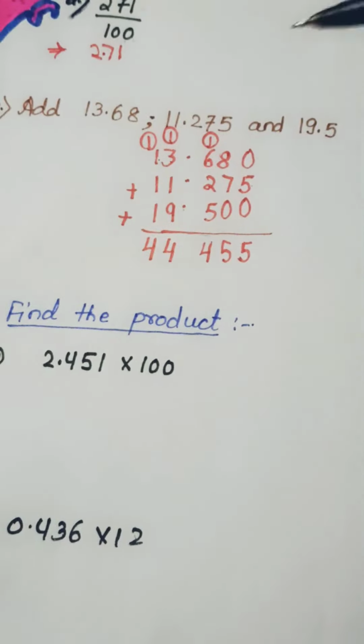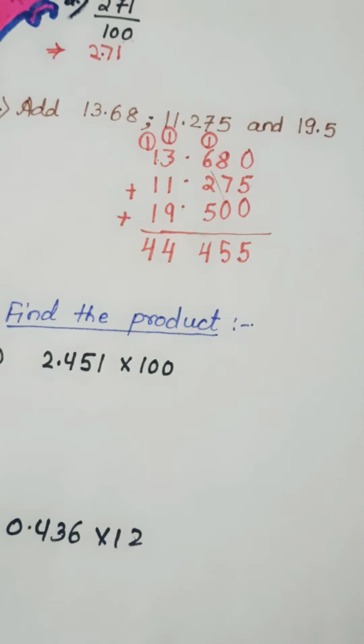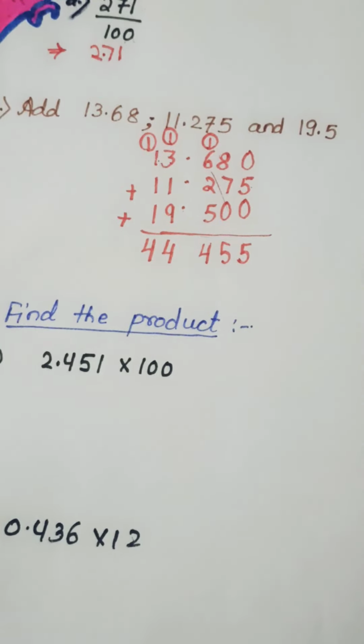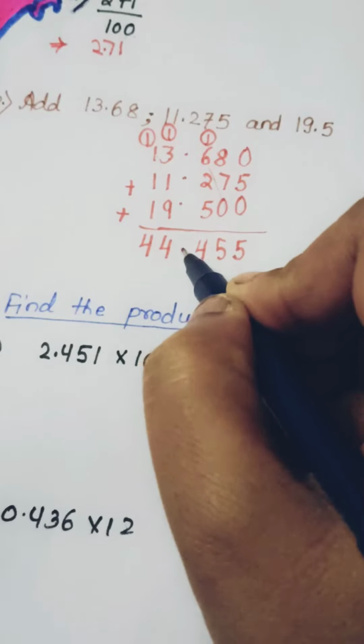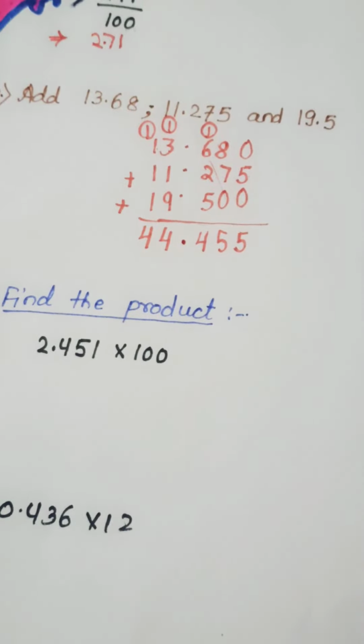Now students, is this the correct answer? Have you guessed whether it's correct or incorrect? If your answer is incorrect, then yes, your answer is right, because this answer is not correct as I have not placed the decimal over here.